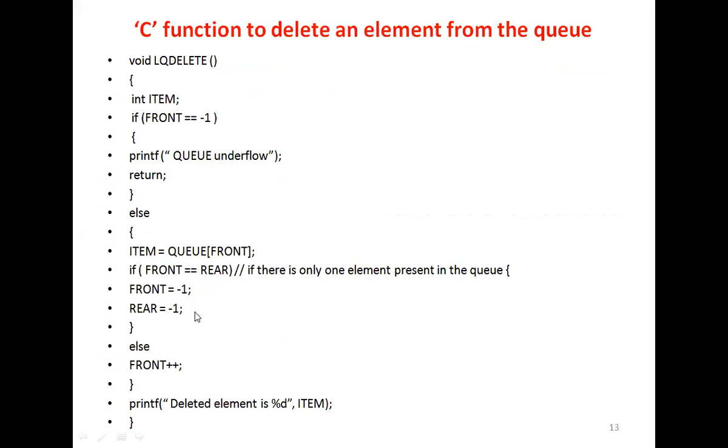Else, if there is more than one element, you just increment the front value by 1, front++. Then print the element that is deleted. So this is the C function code for deleting an item from the linear queue.